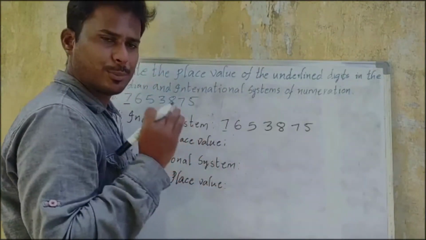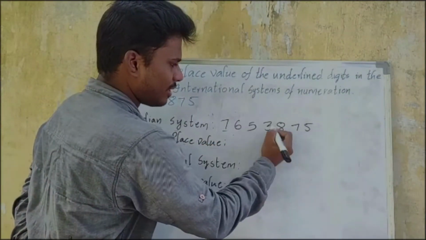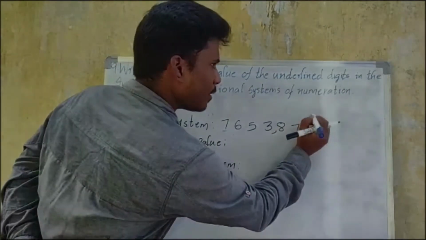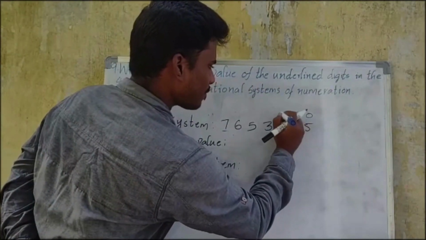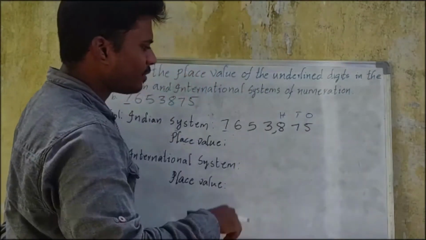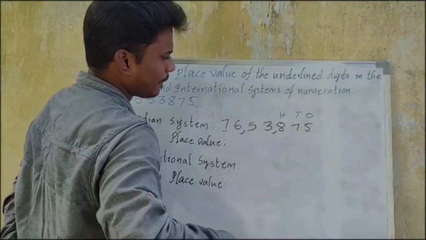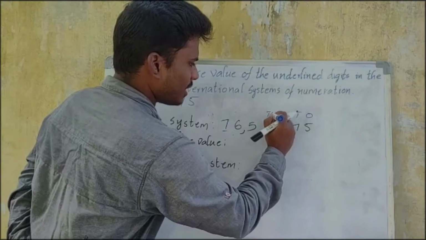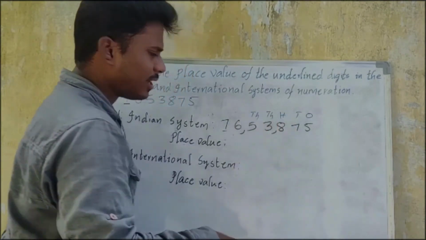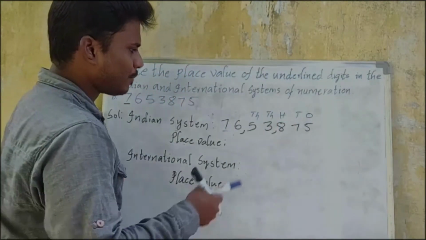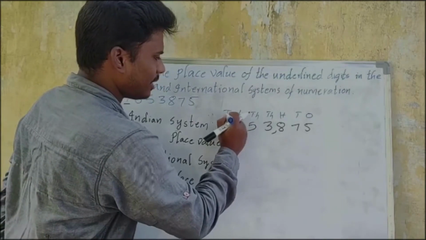In ones period we have 3 places, ones, tens, hundreds. Then we have thousands period, 2 places, thousands and 10,000s. Then we have lakhs period. So lakh and 10 lakh.